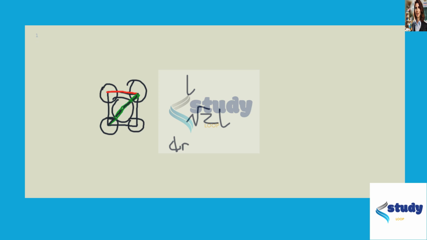So R of the atom is square root 2L divided by 4.